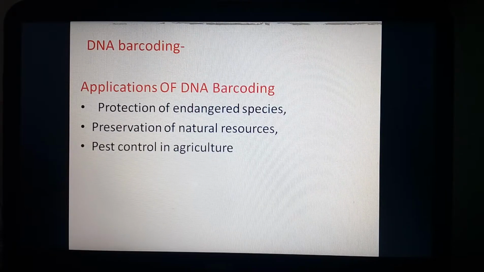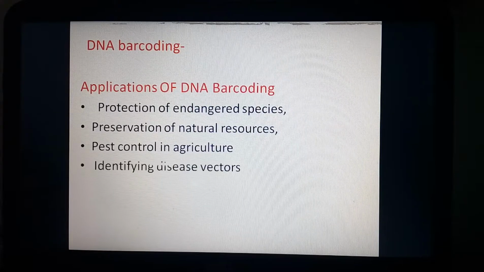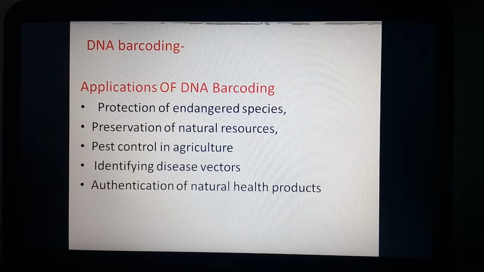DNA barcoding is helpful to control pests in agricultural fields. It is helpful for identification and rectification of diseases and vector-borne diseases, where a vector carries the pathogen from one plant to another plant, or from one animal to another animal.